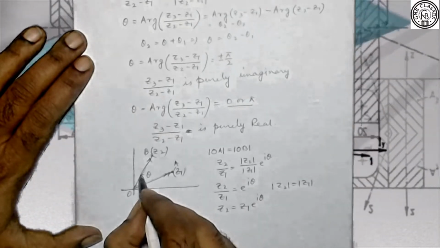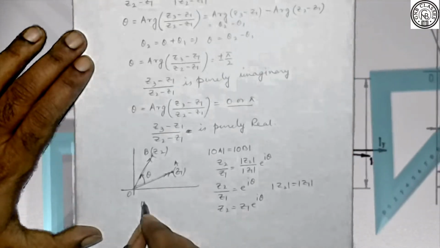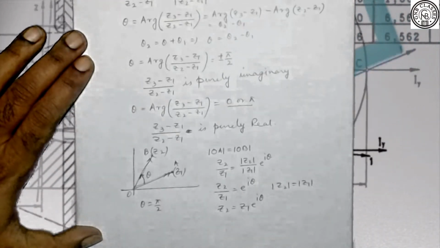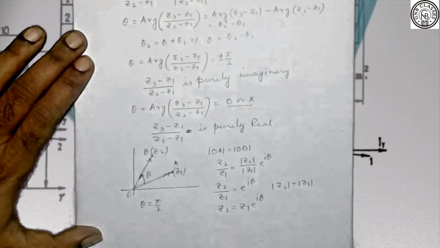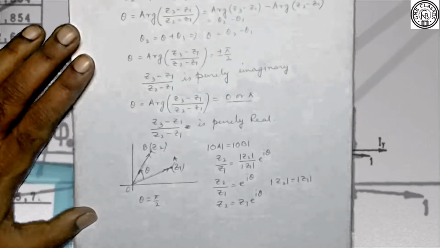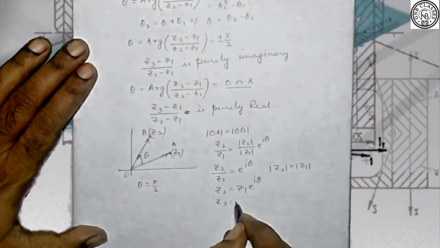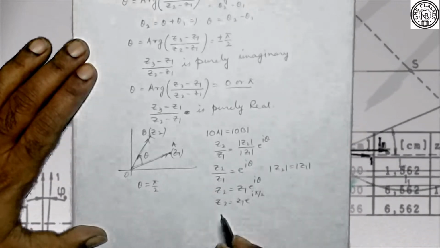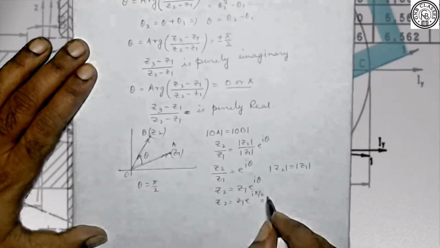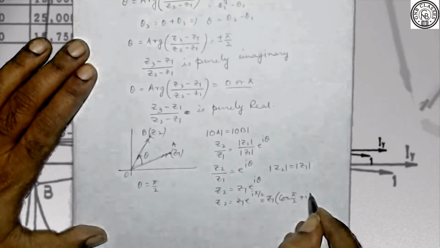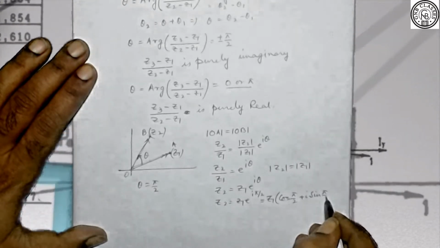Now suppose this angle is pi by 2. Let us say the angle of revolution is pi by 2 in the anti-clockwise direction. In that case, your Z2 can be written as Z1 e to the power iota pi by 2. And e to the power iota pi by 2 is nothing but cos pi by 2 plus iota sin pi by 2.